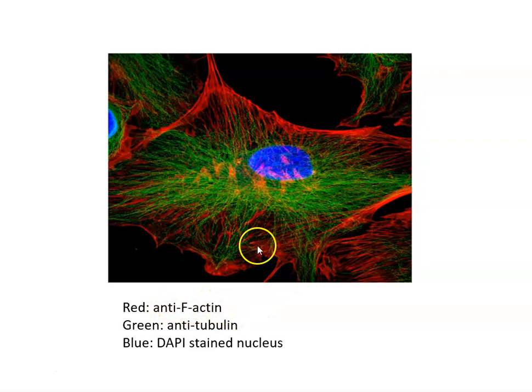In red is where the F or filamentous actin is present. Green is where tubulin is present. And then blue is a chemical called DAPI, which just stains the nucleus fluorescently blue. And using a fluorescence microscope, you can get a 3-colour image to see the presence of these 2 different proteins in relation to the nucleus. So this is what we call immunocytochemistry.